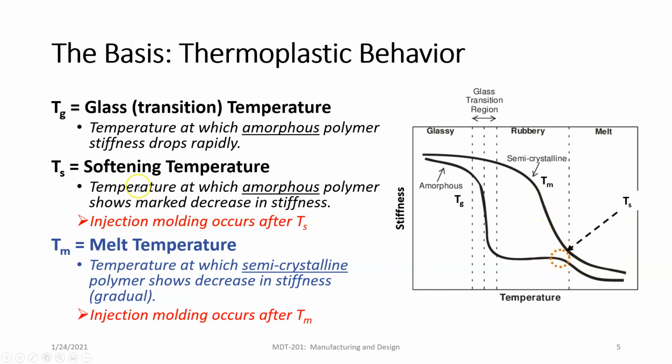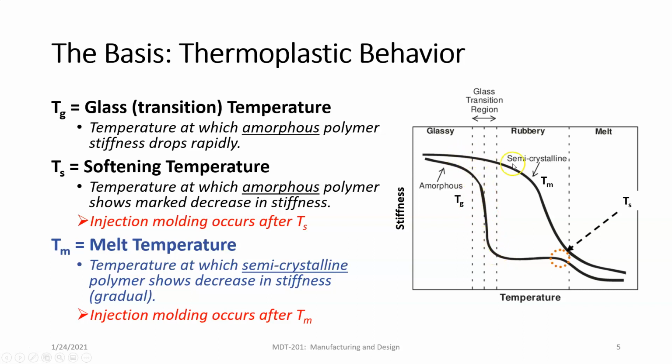All right. So we note here different temperatures for different materials. So with the amorphous thermoplastic, we have what's called the glass transition temperature. Right. This is the glass transition region right in here. And this is where we go from a glassy material to a rubbery material where it's kind of like a wet noodle, right in that region right here.